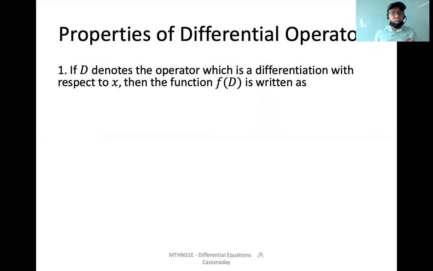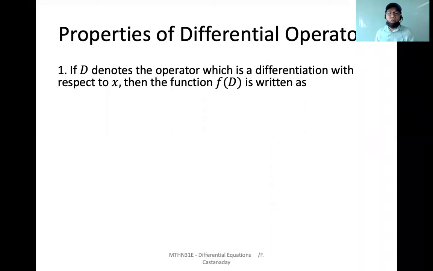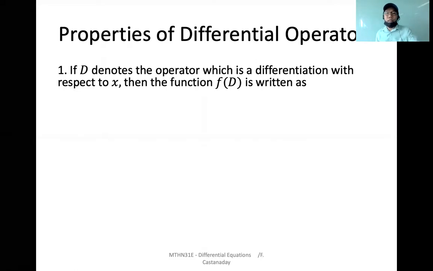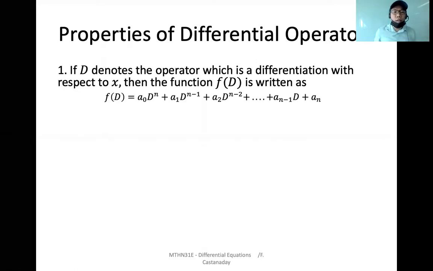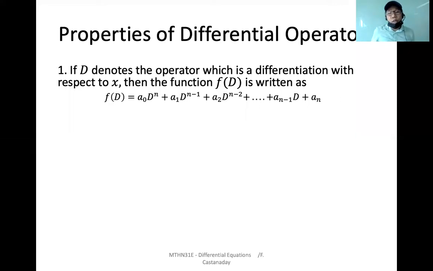If D denotes the operator, which is a differentiation with respect to x, then the function f of D is written as f of D equals a sub 0 D raised to n plus a sub 1 D raised to n minus 1 plus a sub 2 D raised to n minus 2, and so on until we have a sub n.